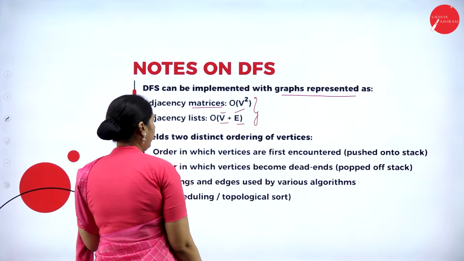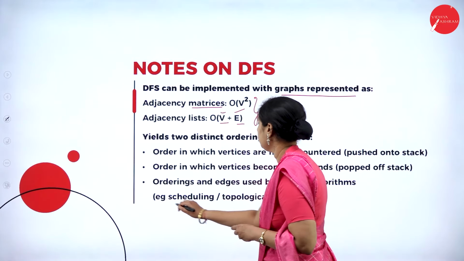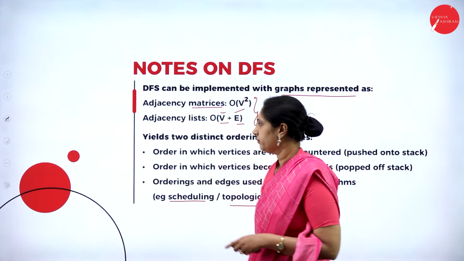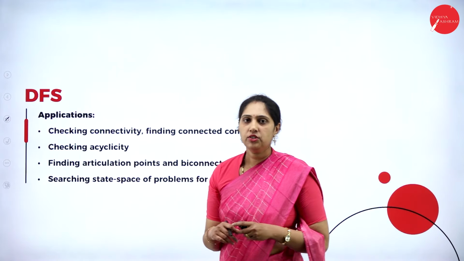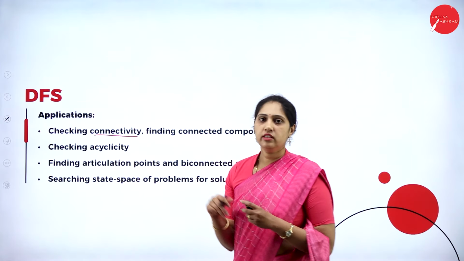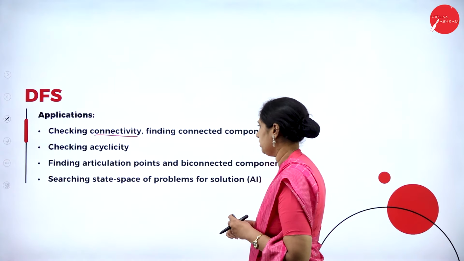This can also be used in scheduling and topological sorting. So what are the applications of it? We already know this application. It is useful for checking connectivity. We return a graph to check what is connected to which vertex.